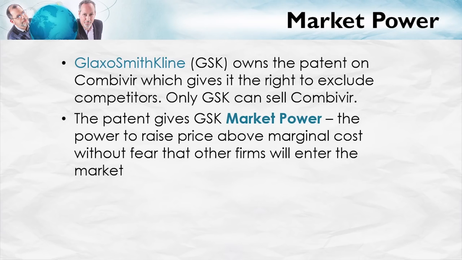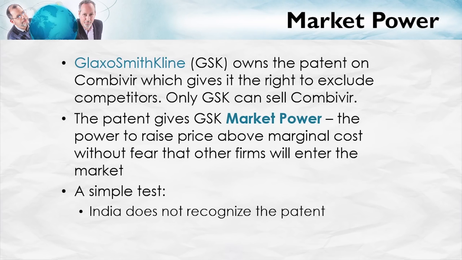Market power is the power to raise price above marginal cost without fear that other firms will enter the market. Now, how do we know that price is above marginal cost? Here's a simple test. In the United States, Combivir costs around $12 to $13 per pill. India, however, does not recognize the patent on Combivir.